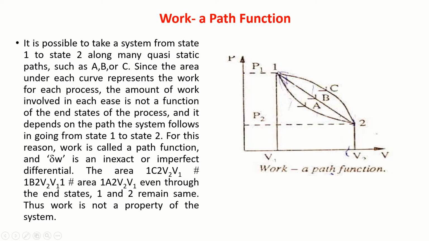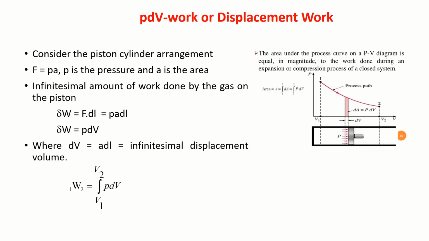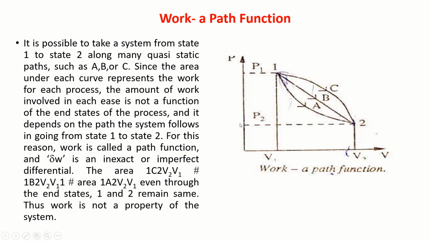I'll get the initial state. Next, let us say the piston moves from this end to this end. When the piston edge is here, once again I'll know the volume. Also I know the pressure. I mark P2 and V2.